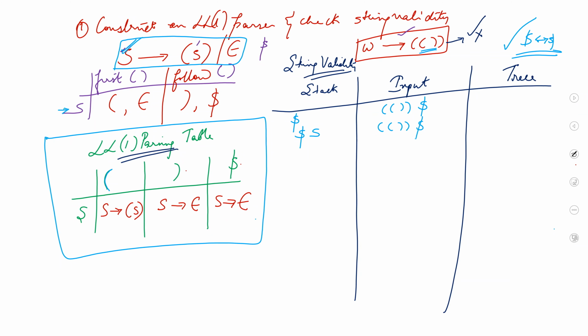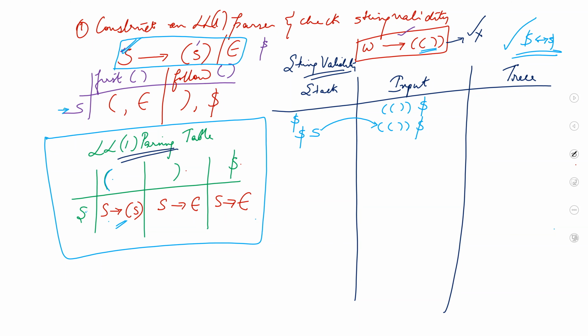S is encountering an opening bracket. Okay. So come to your LL1 parsing table. S is encountering an opening bracket, which means you have to go for this particular rule. Replace your S with an S in a closing and opening bracket.